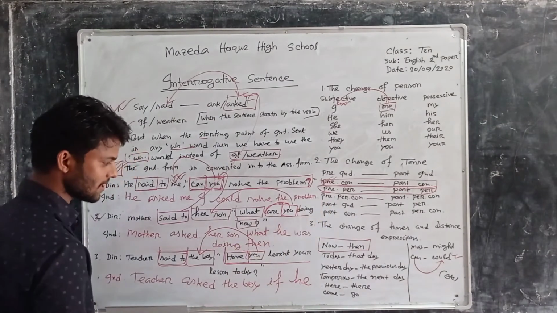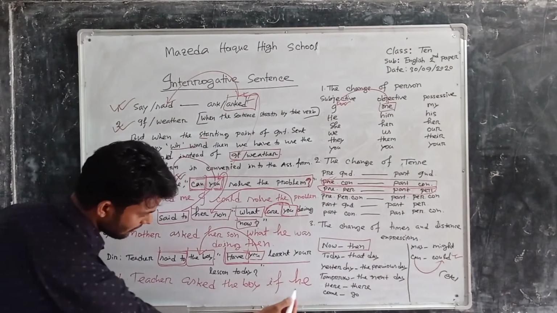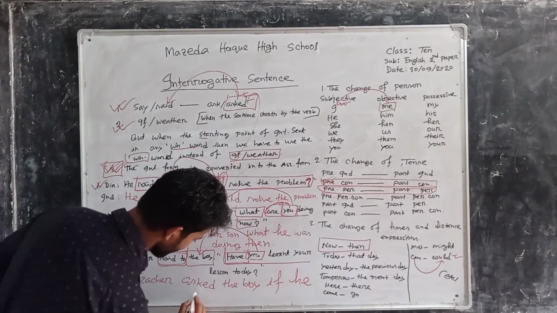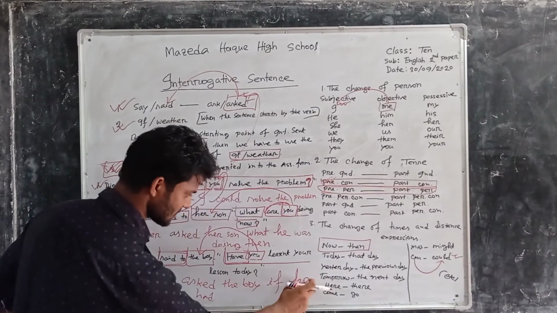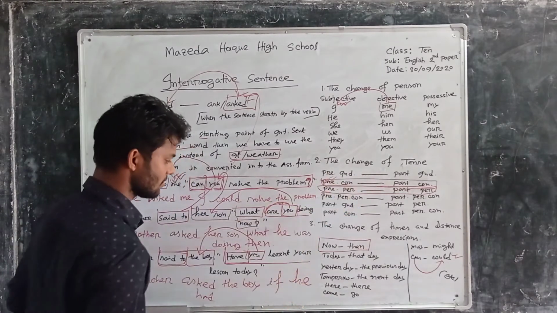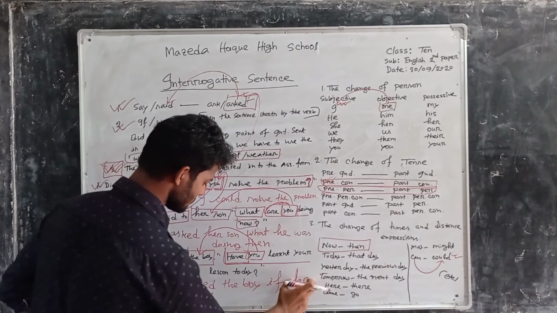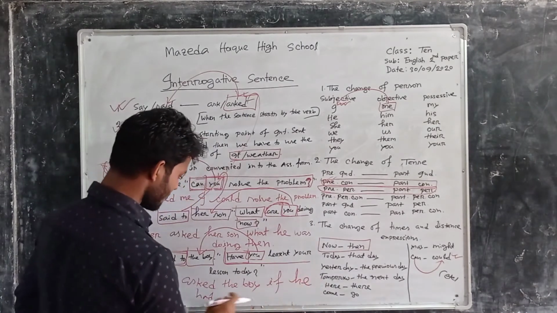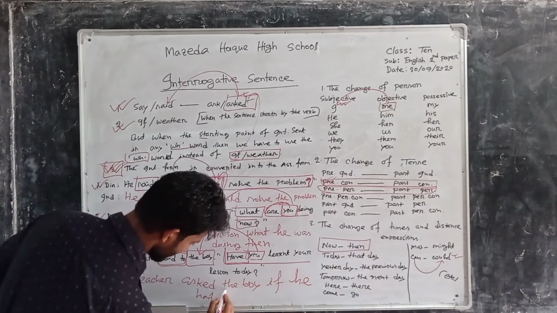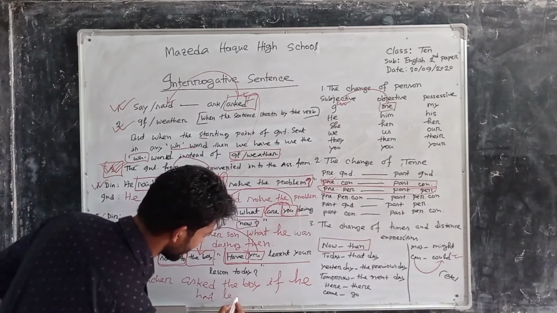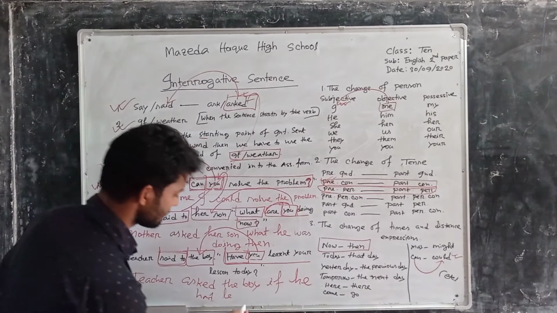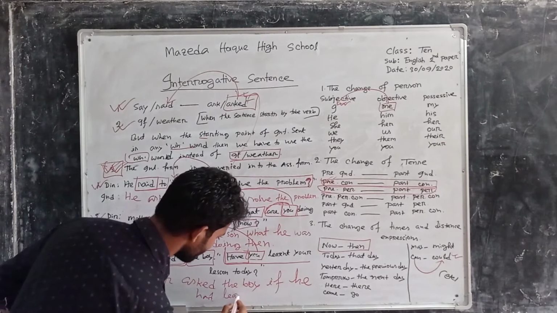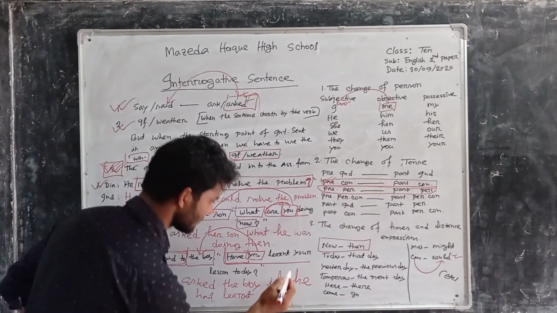In the past perfect, we will use had after the subject. So he had, then verb 3, that means the past participle form.